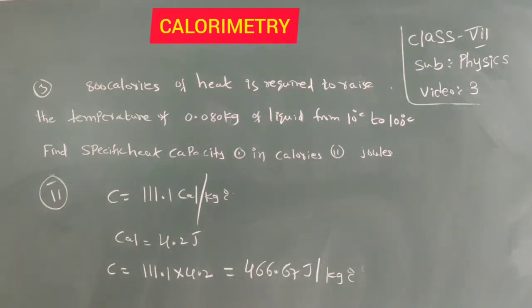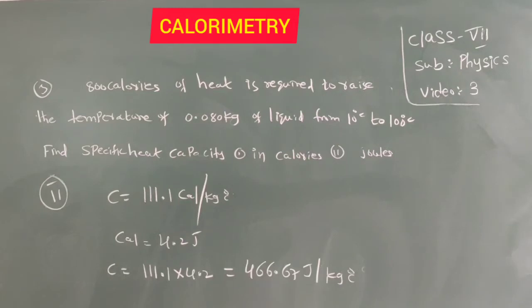It is the specific heat capacity value in joules. So C equals 466.67 joule per kg degree Celsius.